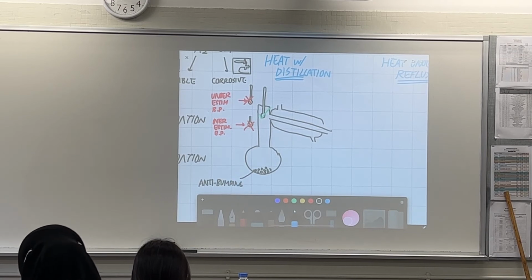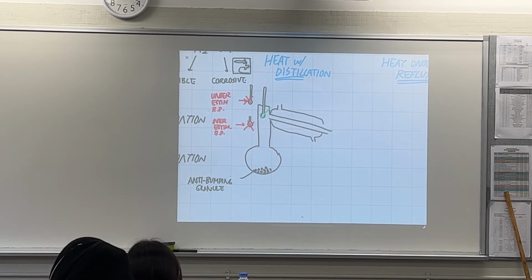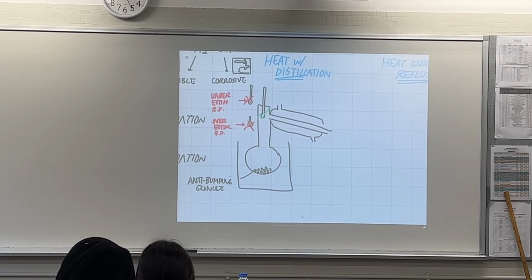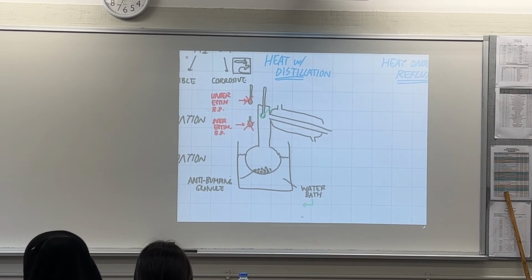Especially with alcohol, like I said, we should never heat alcohol directly. So how do we heat something without using a naked flame? We can either use an electric heater or a water bath. So you want to surround the round bottom flask with a water bath. This is to avoid direct heating. You can put down: because alcohol is flammable.